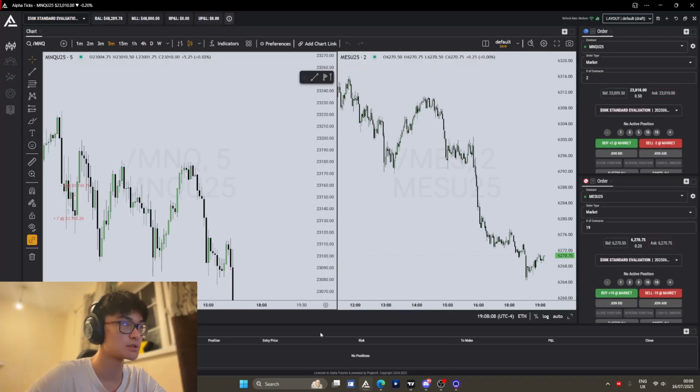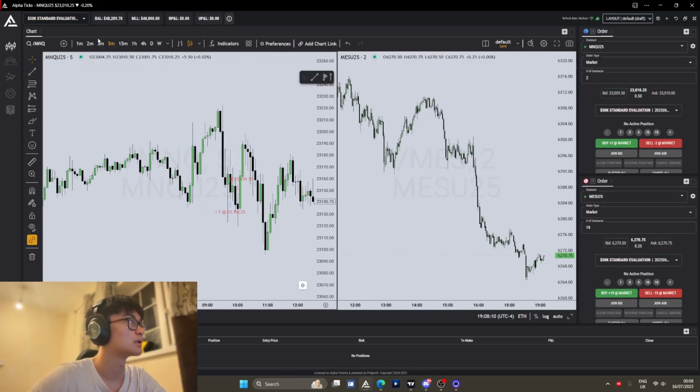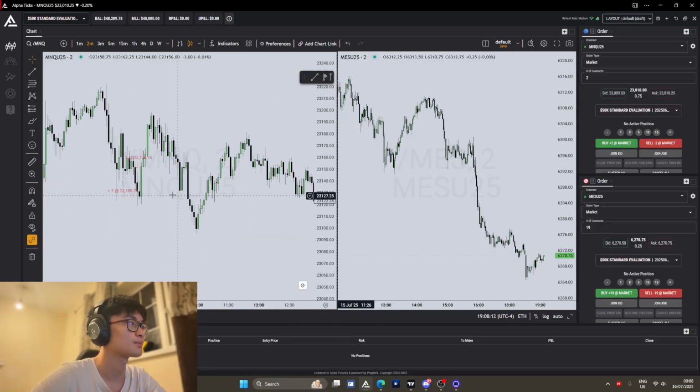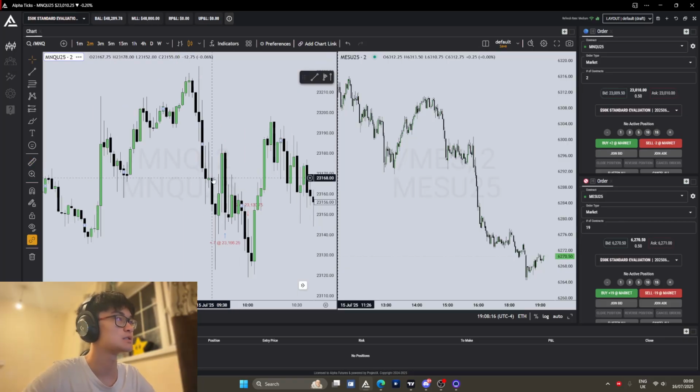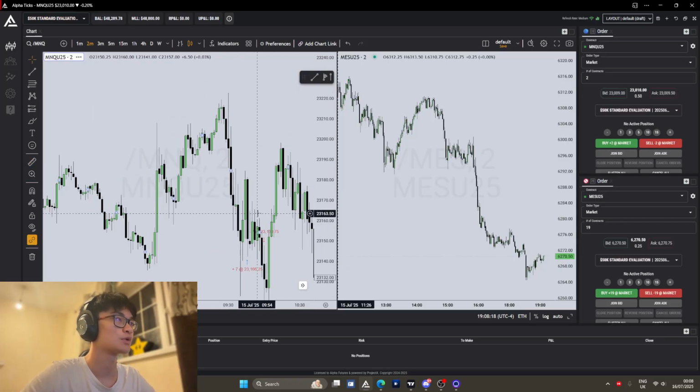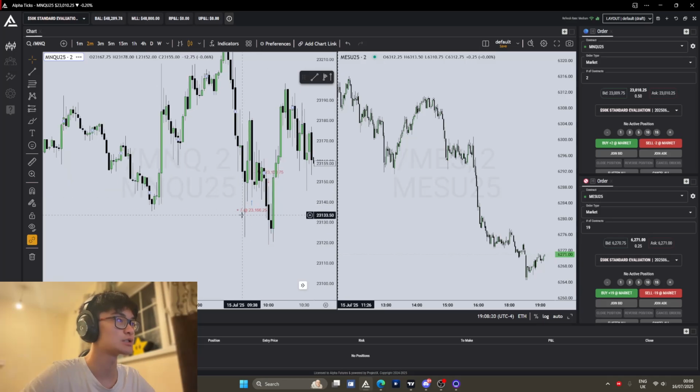I'll show you guys on here. Here's your fair value gap. Here's your change in state. We come up here, and my stop was below this rejection block. So why is it at the rejection block, just below 75%?